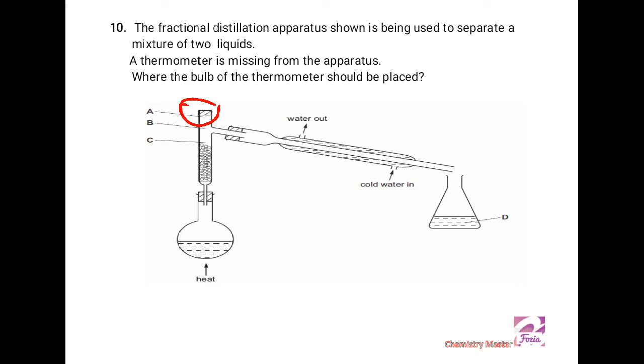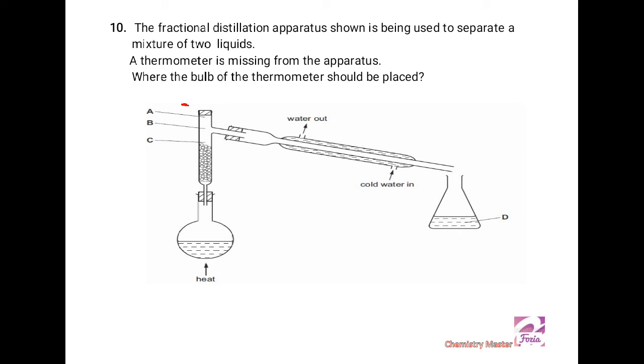Do you think it should be placed at B? Yes. Then should we think just here at C or in the conical flask? There must be some reason for placing the thermometer.